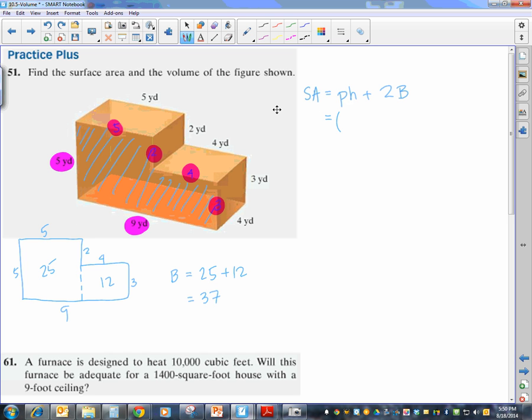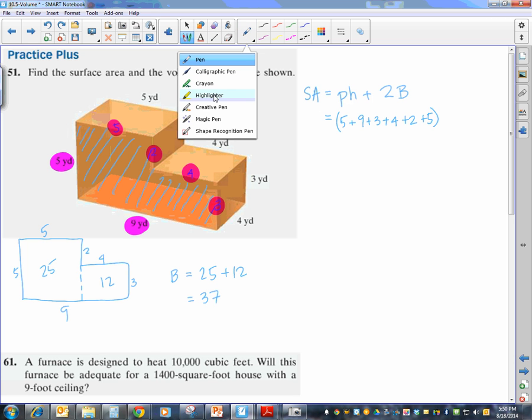So now when I write them, wherever you start doesn't matter, but notice that I have 1, 2, 3, 4, 5, 6 sides. So I now know that I have all 6 sides. That's my perimeter. And I'm going to take the perimeter and multiply it by the height.